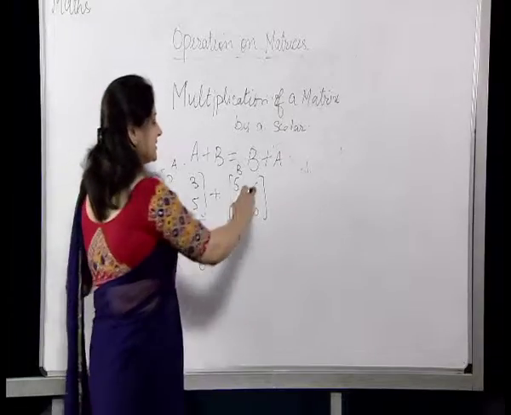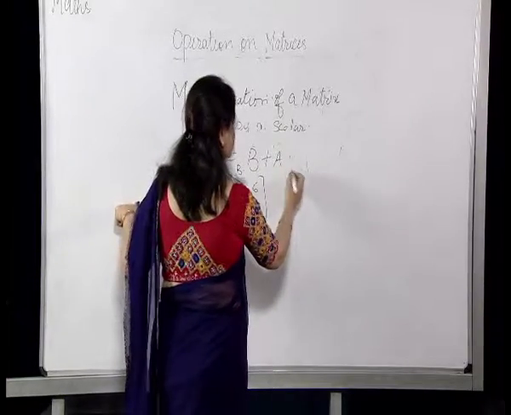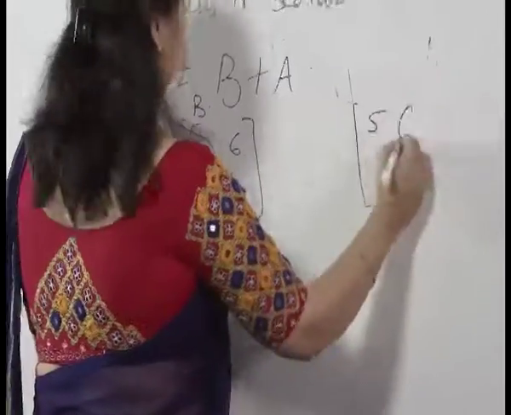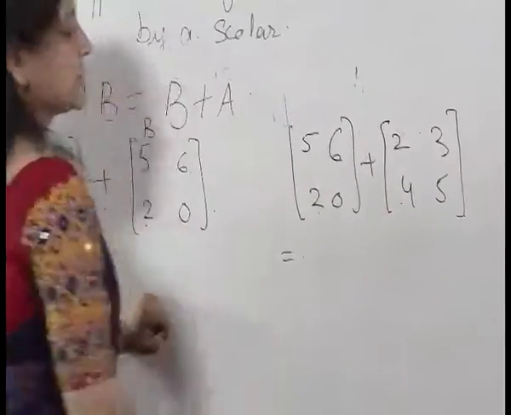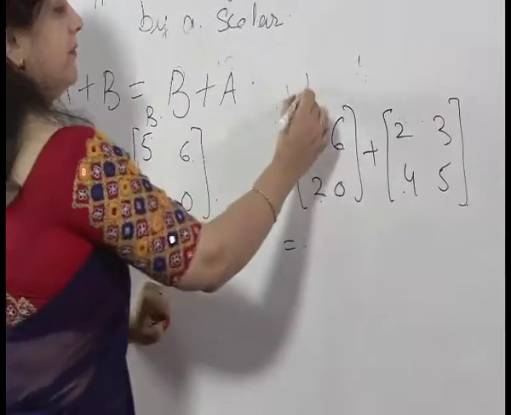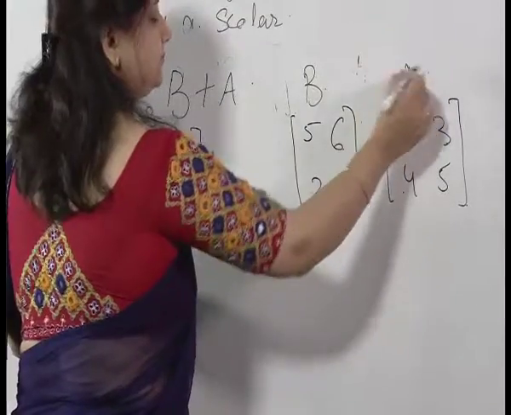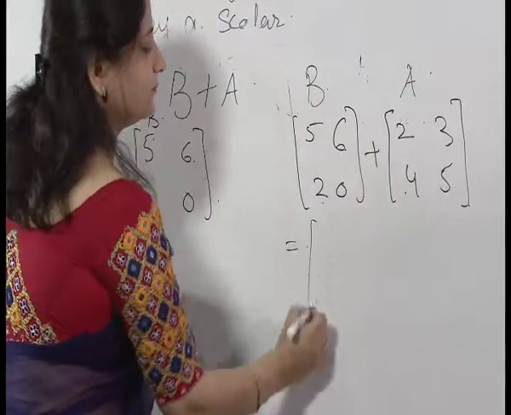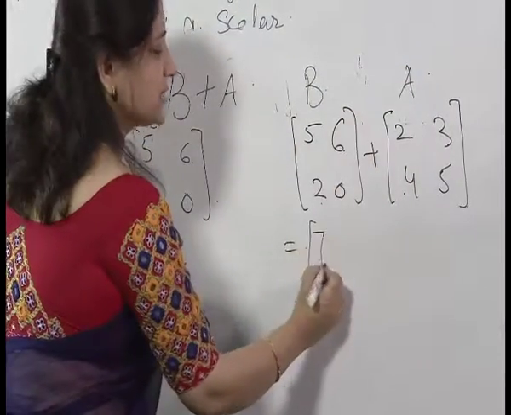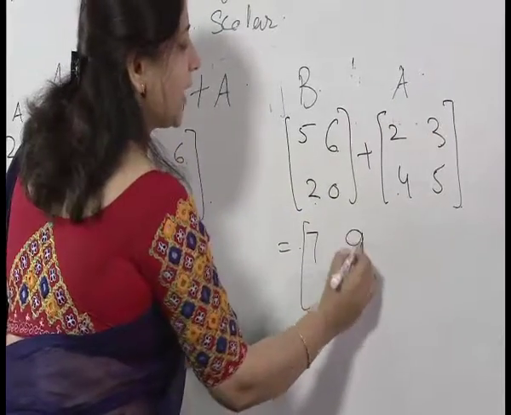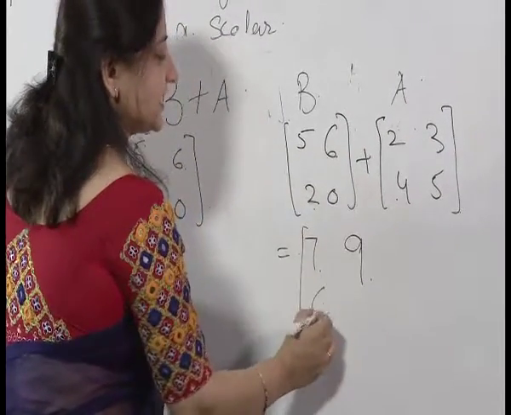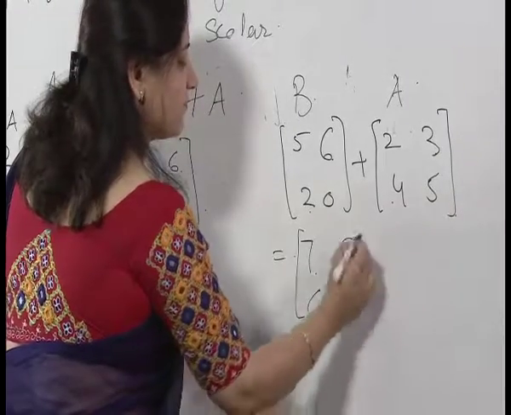Next, I will find B plus A. So, this is B and this is A. B plus A will be 5 plus 2 is 7, 6 plus 3 is 9, 2 plus 4 is 6 and 0 plus 5 is 5.